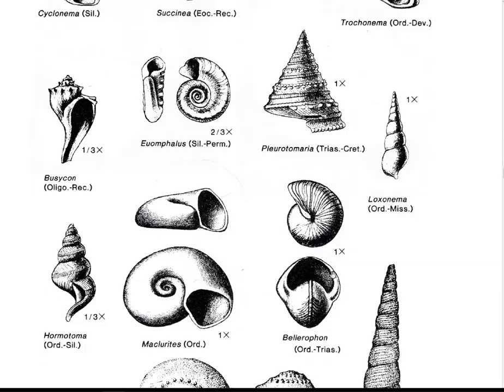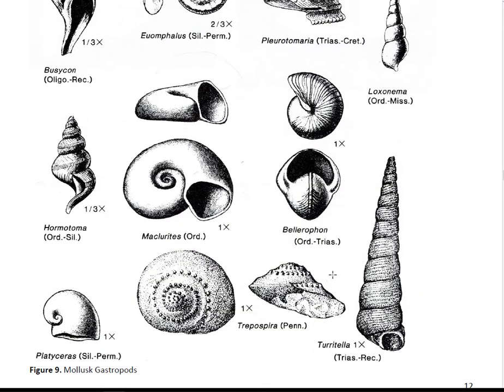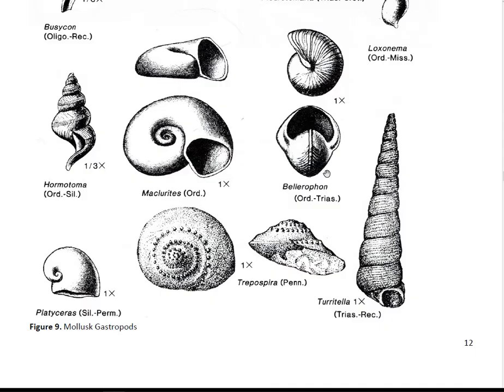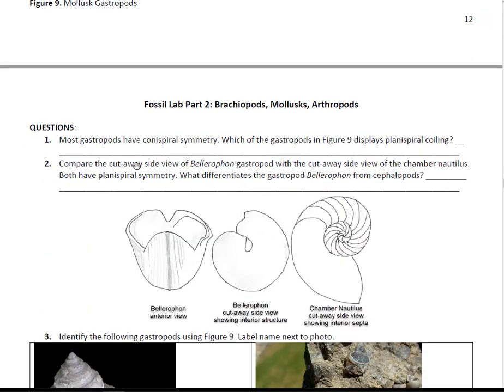And this figure here is again on the different types of fossil gastropods. Obviously, there are many more. This is just a sampling. Another important feature, and you'll see it in question number 2, is that if you look inside a snail, it's one complete cavity. There are no partitions or septums or chambers.